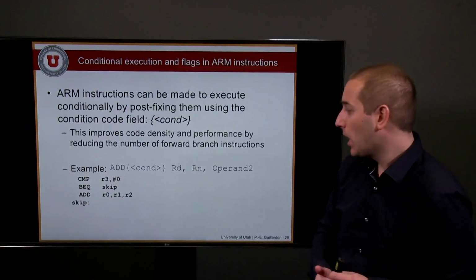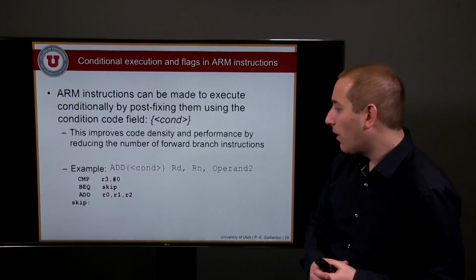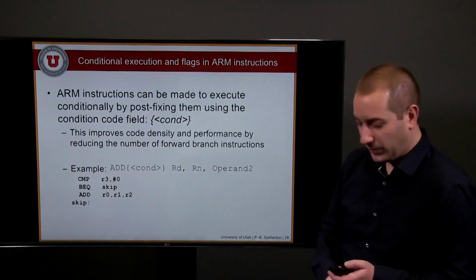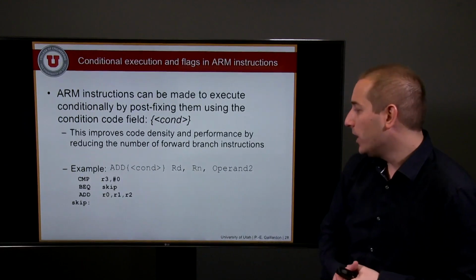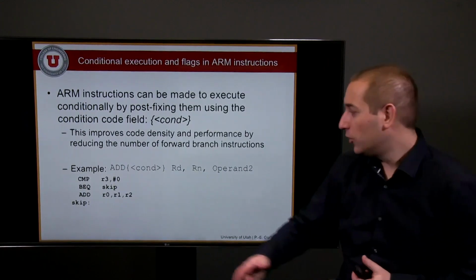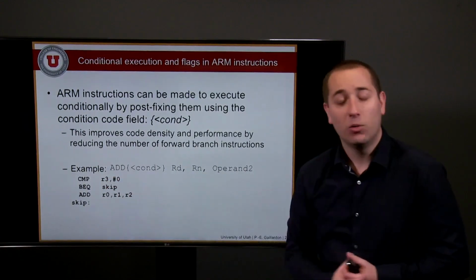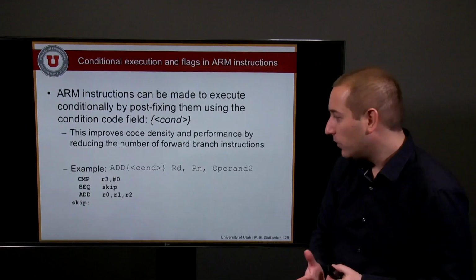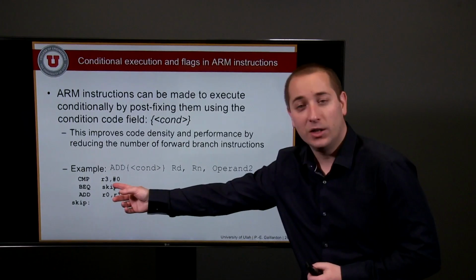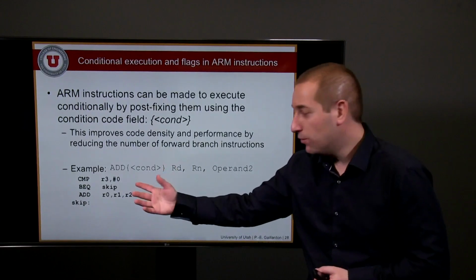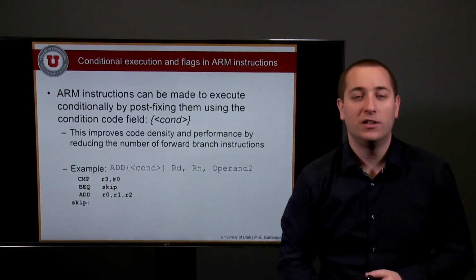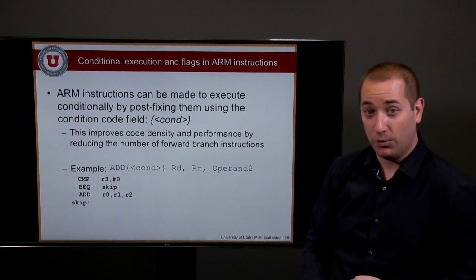This is used to improve code density and performance because you will not have a specific instruction to test before you operate your instruction. For example, if you create this function where you compare if the content of R3 is equal to 0 or not: if it is equal to 0, you do not operate this instruction; if it is different than 0, you perform the addition of R1 and R2 into R0.